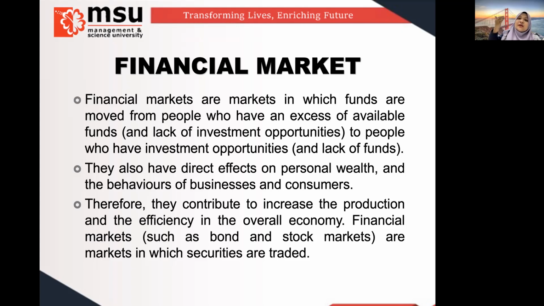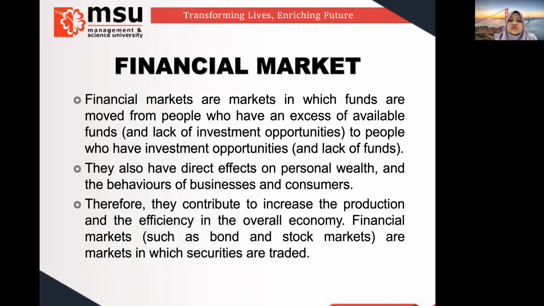For example, money market instruments will be traded in the money market. Equity will be traded in the capital market. Financial markets are markets in which funds are moved from people who have available funds to people who have investment opportunities. So they have a direct effect on personal wealth and the behavior of businesses and consumers.